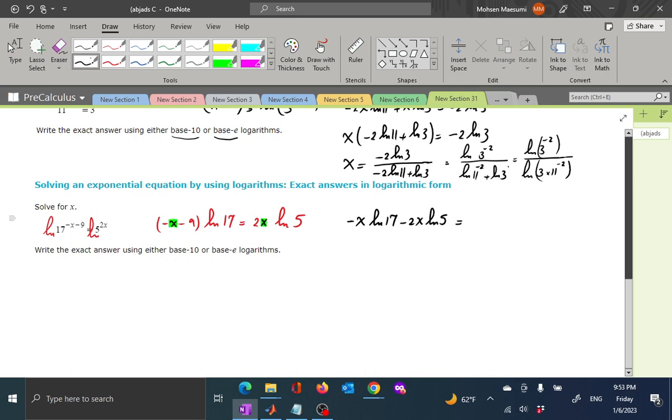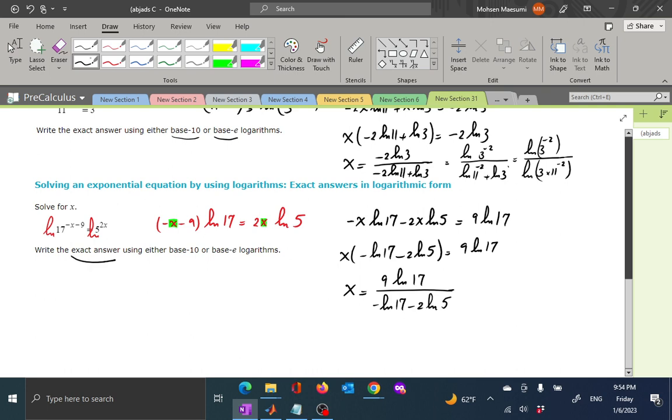Minus 9 logarithm of 17 is going to go to the other side. It becomes plus 9 logarithm of 17. Now factor your x. Minus logarithm of 17 minus 2 logarithm of 5, and 9 logarithm of 17. So x is the ratio of that expression over minus logarithm of 17 minus 2 logarithm of 5.